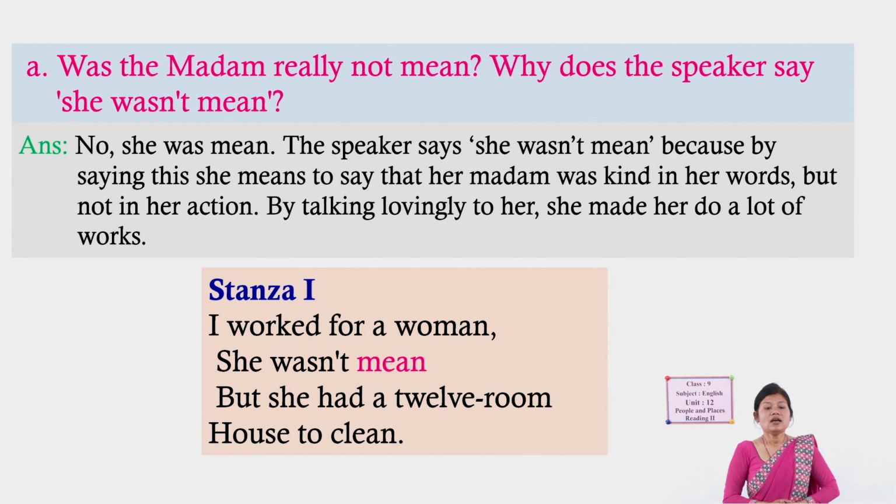Okay, and the speaker says she wasn't mean because by saying this phrase, she means to say that her madam was kind in her words but not in her action. So, by talking lovingly to her, she made her do a lot of works. So, she says that she wasn't mean means there is a gap between what she says in her word and in her action. So, she says that. Okay.